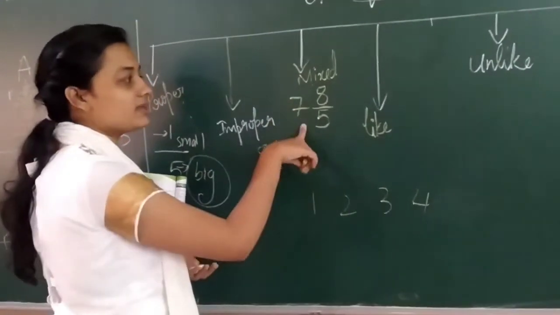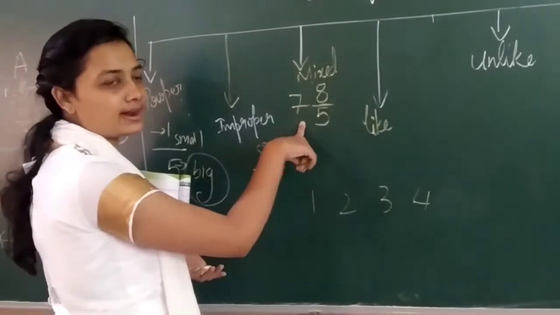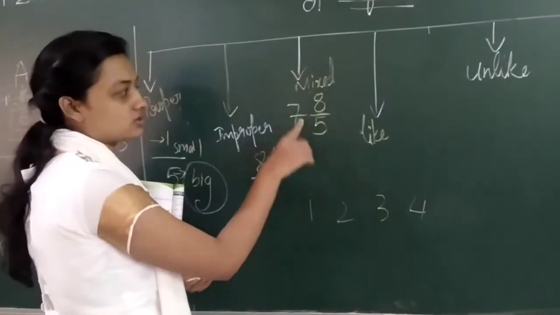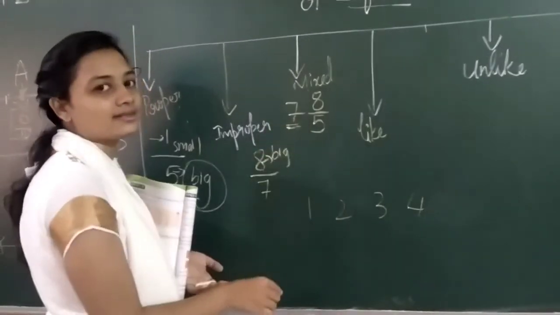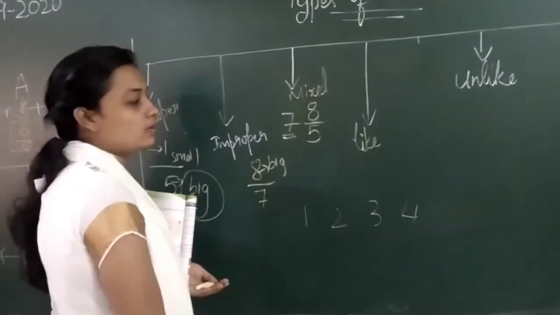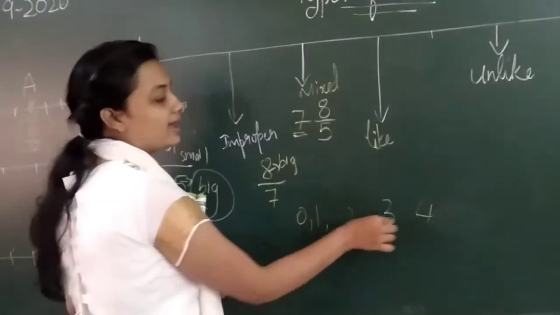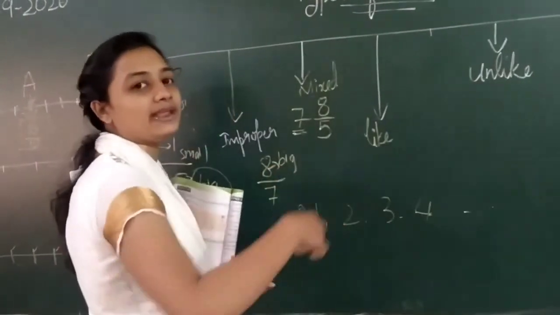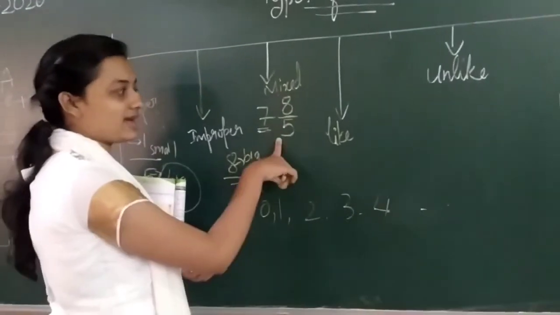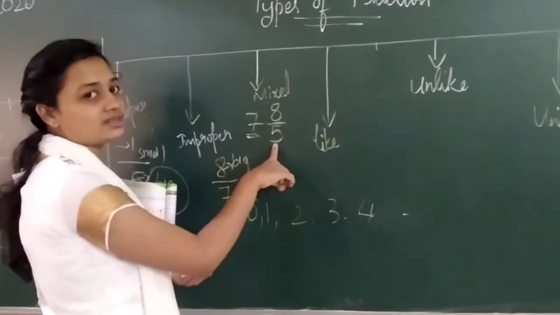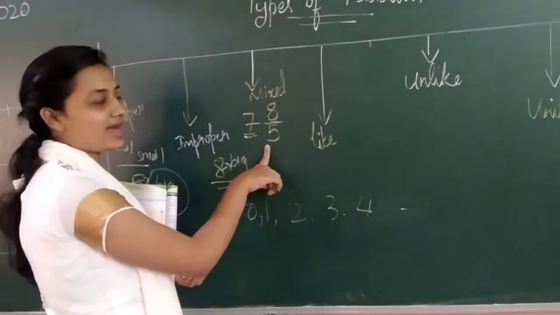This is a whole number. What is a whole number? Numbers starting from 0 and continuing to infinity. So a whole number with a fraction is called mixed fraction.